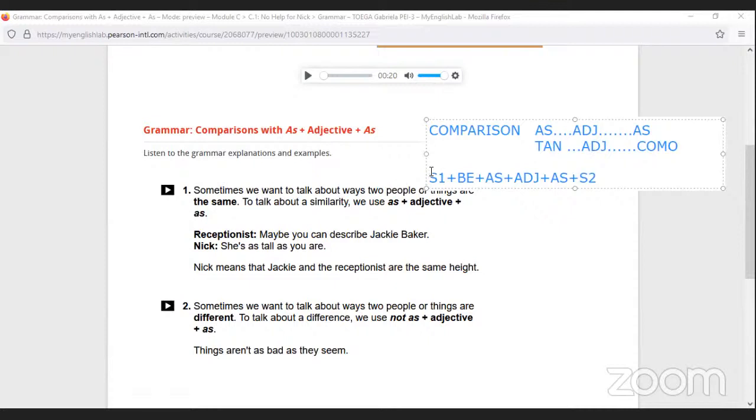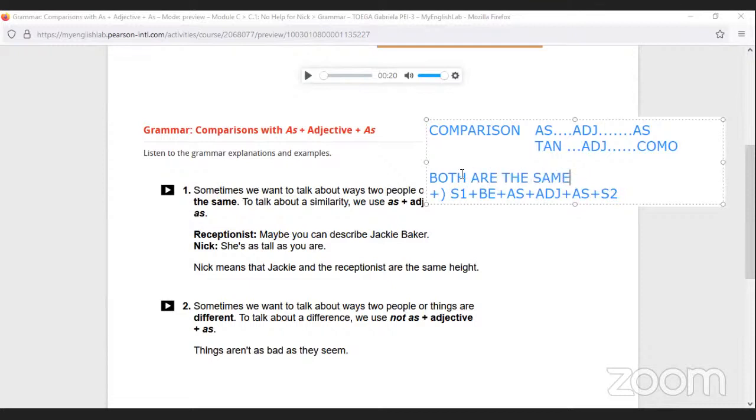So in this case, as you could see, we made the structure for affirmatives. When we use this as in an affirmative way, we are saying that both people, or both animals, both things are the same.